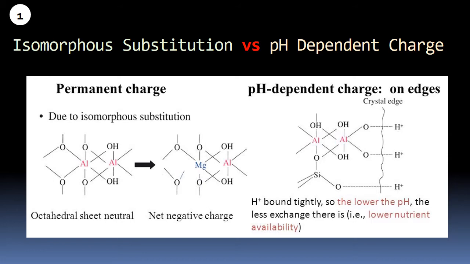For the pH dependent charges, it happens at the edges, and depending on the pH condition, whether it's high or low, it will create either positive charges or negative charges.